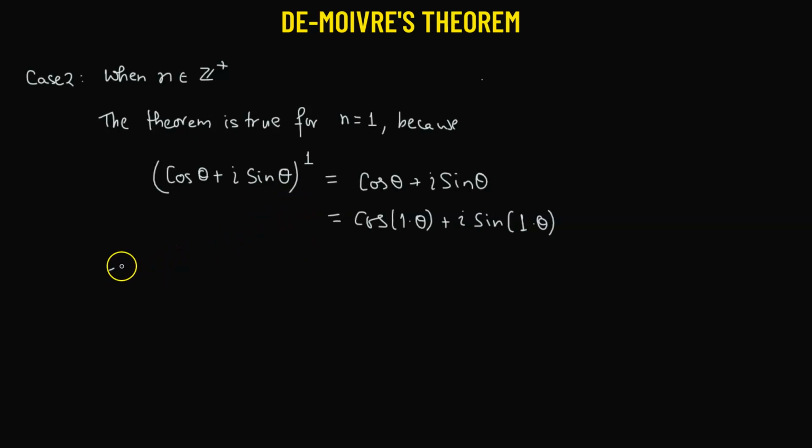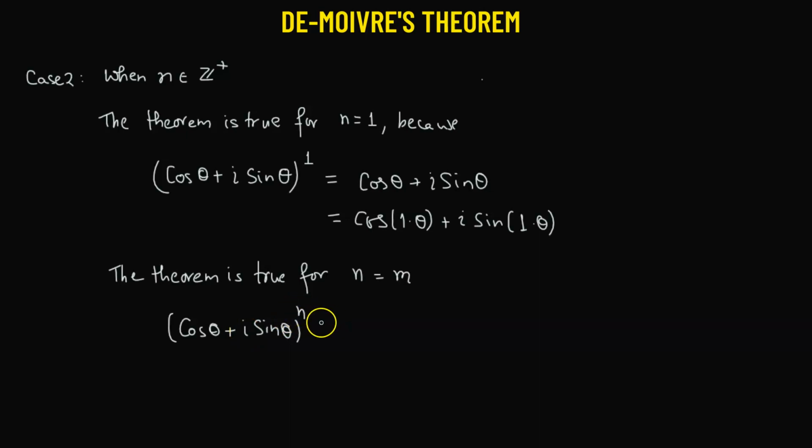Now we'll assume that the theorem is also true for n equals m, where m is another positive integer. Then we can say that (cos θ + i sin θ) raised to the power of m must equal cos(mθ) + i sin(mθ).